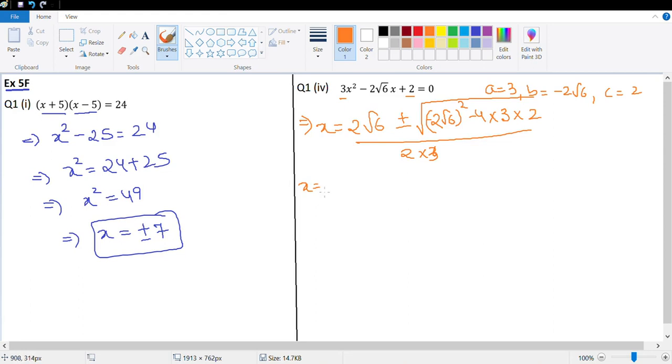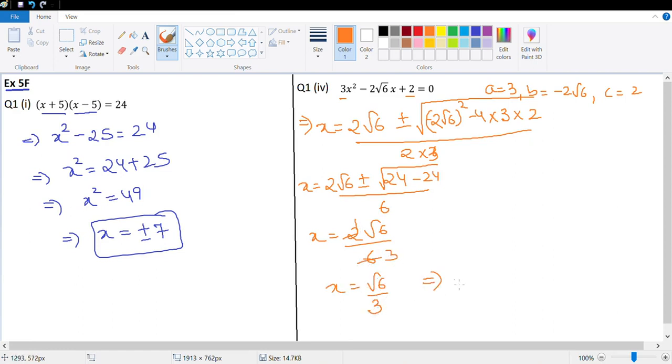Now x would be equal to 2 root 6 plus minus the square root of negative 2 root 6 whole squared, that's 4, 2 into 2, 4, root 6 into root 6, that's 6, so 4 into 6, that's 24, minus 4 into 3, 12, into 2, 24. Okay, so 24 minus 24 upon 6, which means x is equal to 2 root 6 upon 6, which is x is equal to root 6 upon 3.